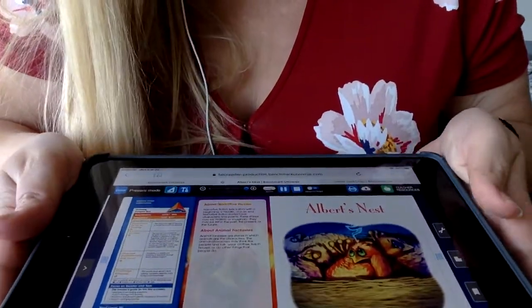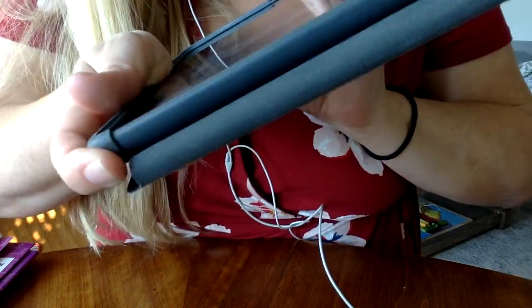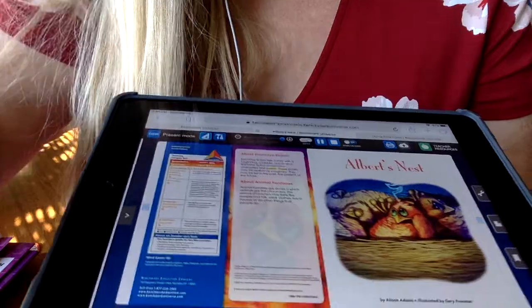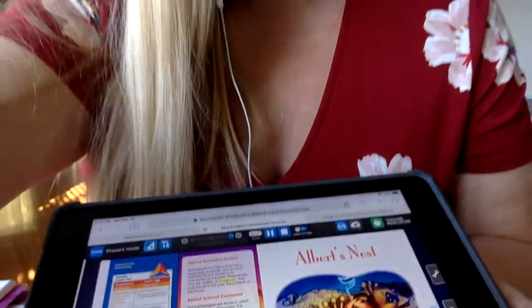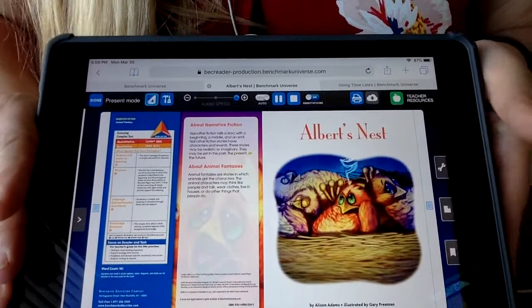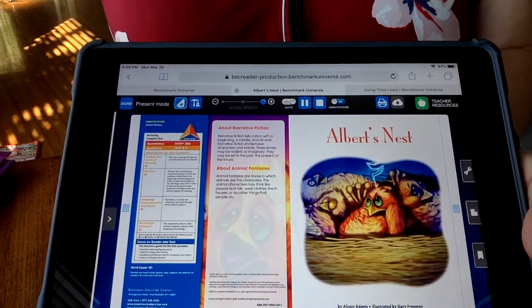About narrative fiction. Narrative fiction tells a story with a beginning, a middle, and an end. Narrative fiction stories have characters and events. These stories may be realistic or imaginary. They may be set in the past, the present, or the future. About animal fantasies.